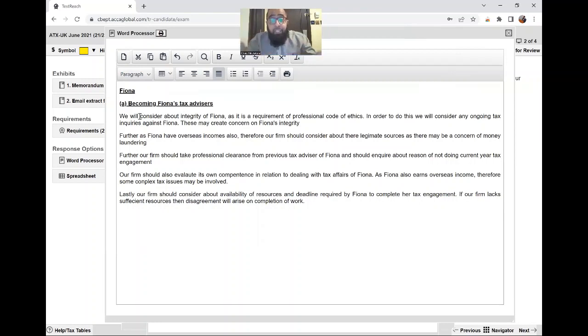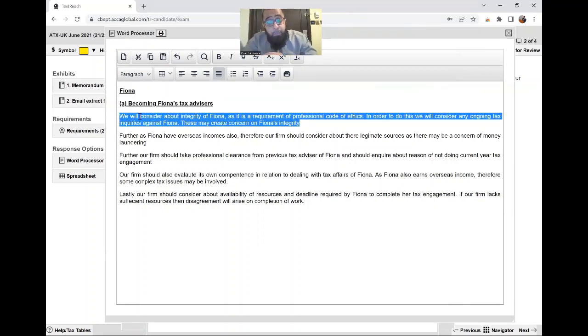What are the actions or the matters which we should consider before accepting the tax engagement of Fiona? So we will consider the integrity of Fiona, that if there are any ongoing tax inquiries against her, any integrity issue, obviously it's a matter of code of ethics. We need to think about it.